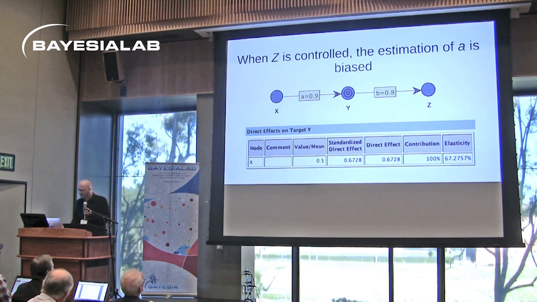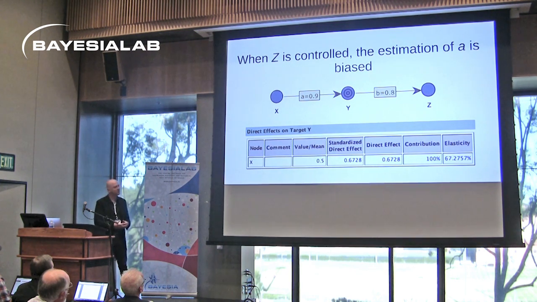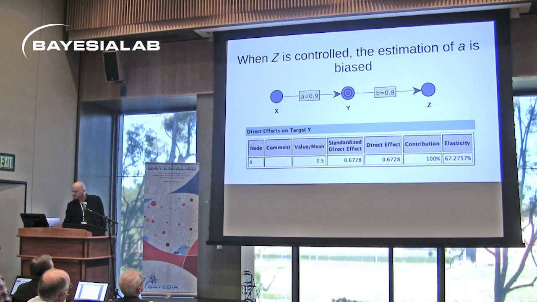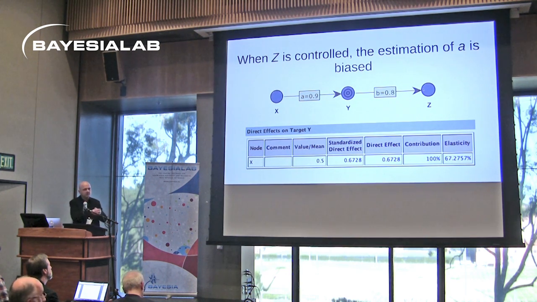If we do that, you can see that the result for a is no longer 0.9, but 0.67. You can think about a physical system: we are applying a constraint. We are trying to move something from x to y, but we are still holding something, so it's not working. So we have a bias here. Be careful, never condition on a descendant of your driver.